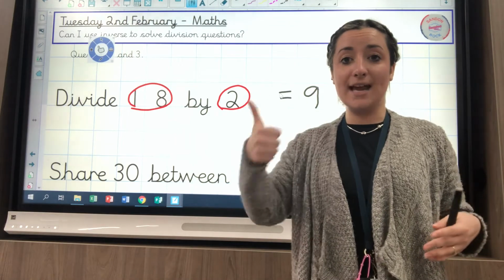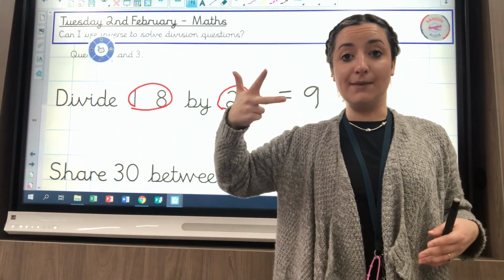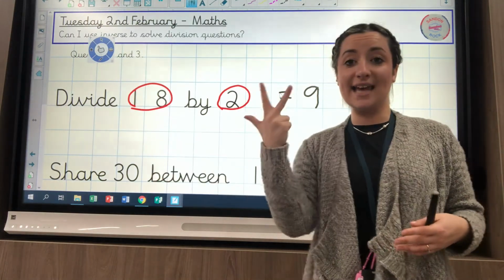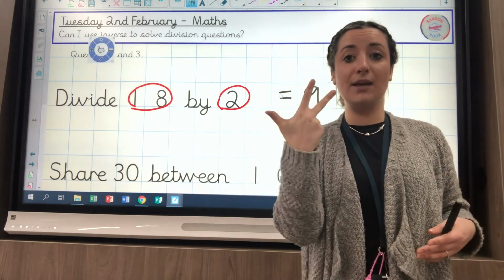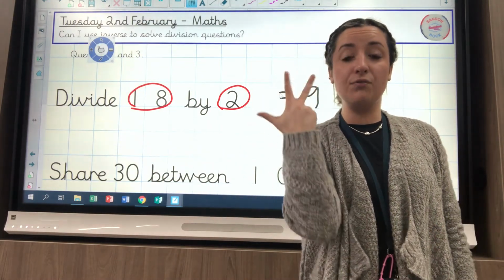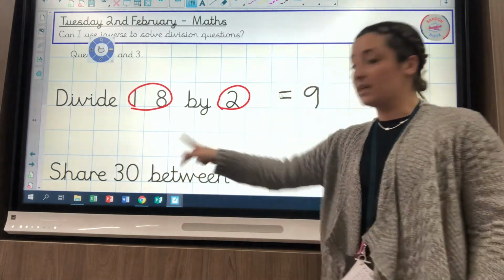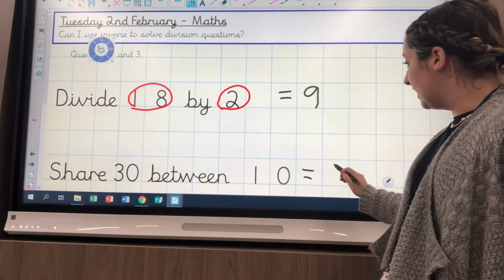So we've got 1 times 10 is 10, 2 times 10 is 20, 3 times 10 is 30, and I'm going to stop there because we needed to share 30 between 10, and how many groups would I have? I'd have 3 equal groups of 10, and that would give me 30. So I've got my answer here is 3.